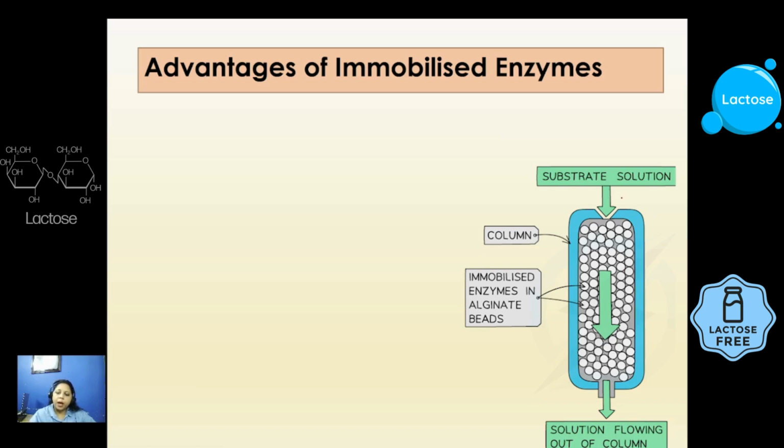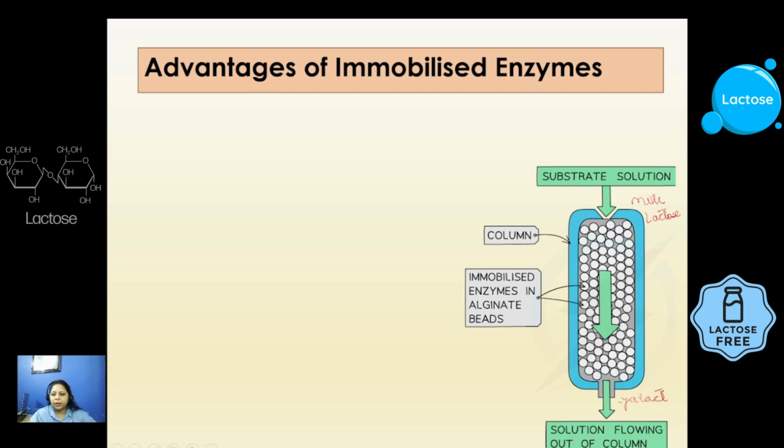So when you pass, for example, milk over here, which contains lactose, and someone is lactose intolerant, that lactose must be broken down. So when it is passed and moves through these immobilized enzymes, the product is collected over here, which would be galactose and glucose.